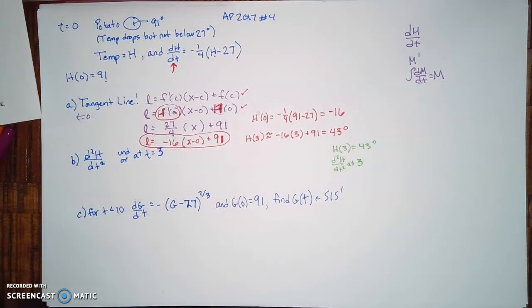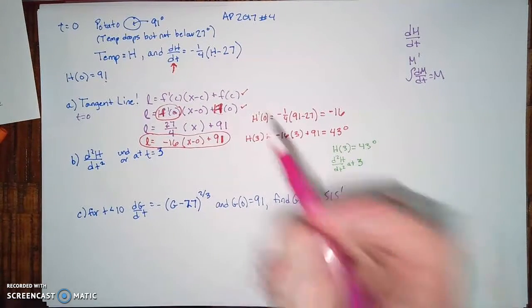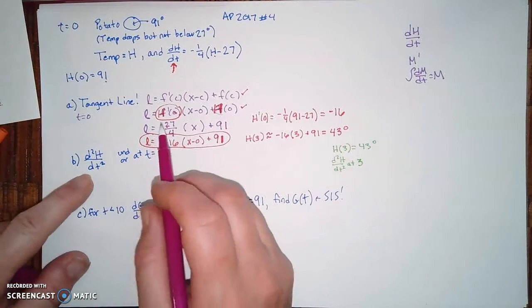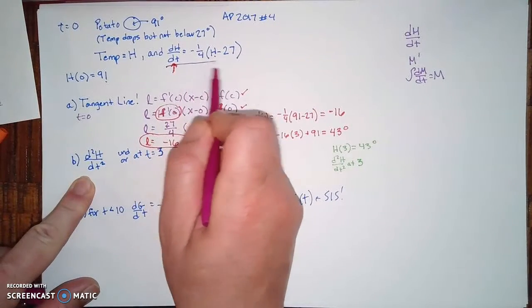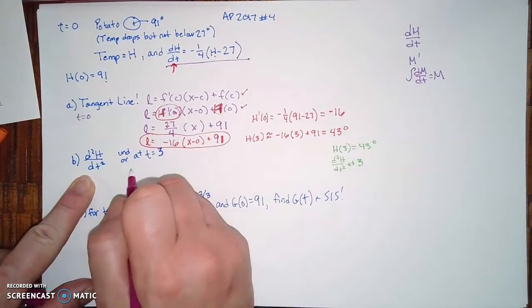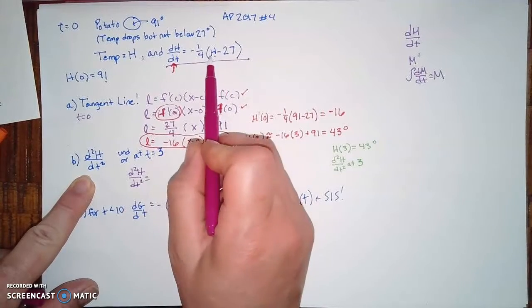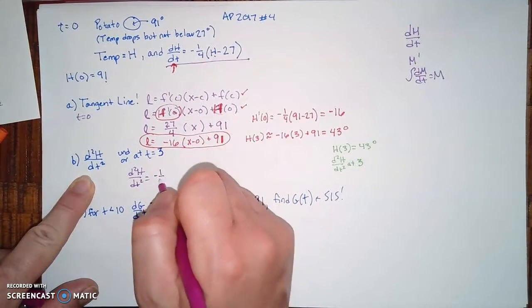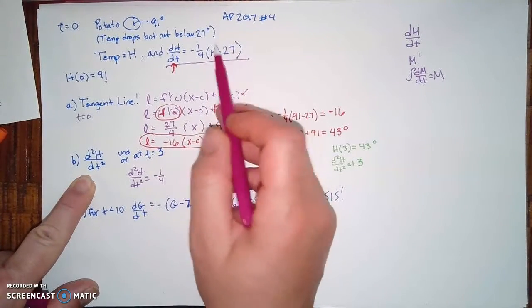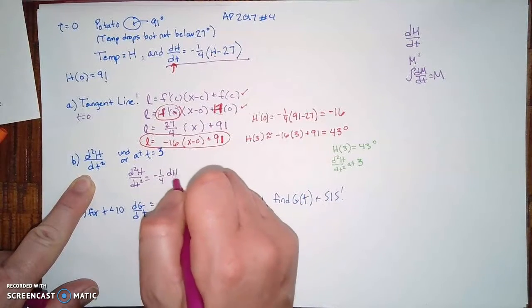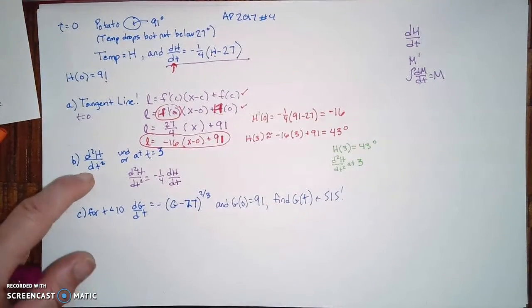So here's what I need to do. I'm going to take the derivative of dh dt to get d squared h over dt squared. So I'll take the derivative of this statement right here, which is going to be d squared h over dt squared equals negative 1/4 times the derivative of h, which is just dh dt.